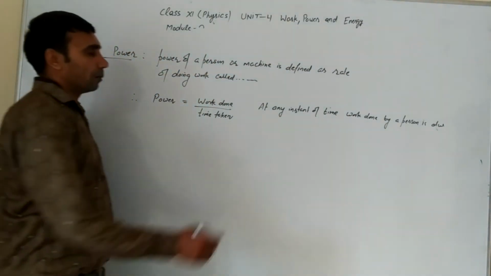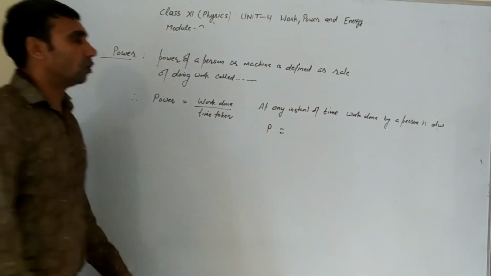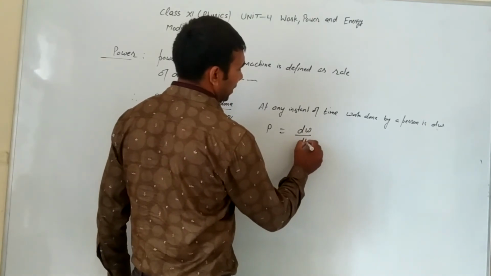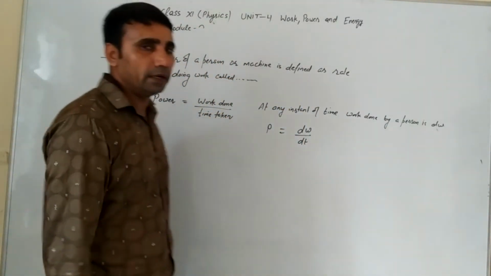Therefore, power is equal to the work done dW divided by dt. Power is equal to dW divided by dt.